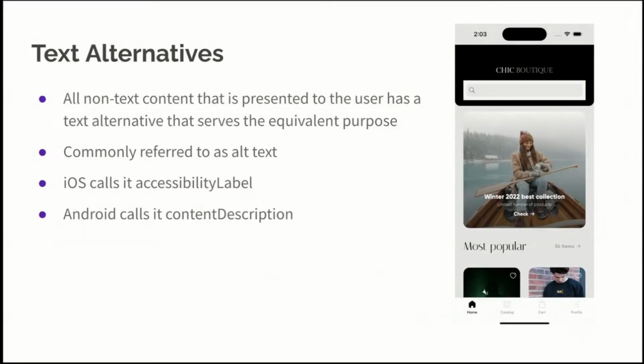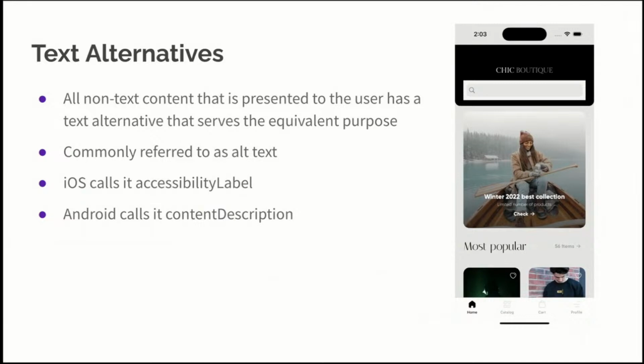It's commonly referred to as alt text on the web, but in iOS and Android, there's different technical terminology that's used. So on iOS, it's called the accessibility label, and on Android, it's called the content description. So as I mentioned, this is one that pretty straightforwardly applies, just has slightly different terminology on the mobile technology side of things.